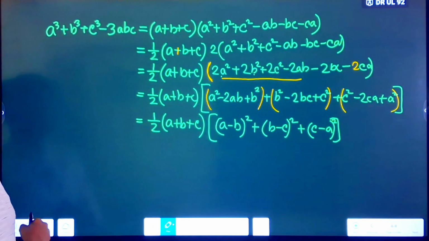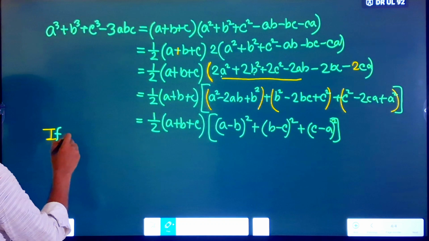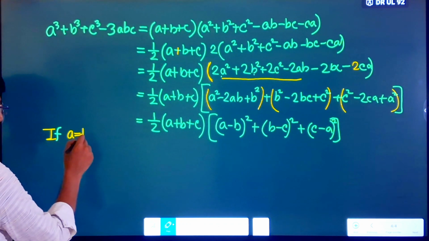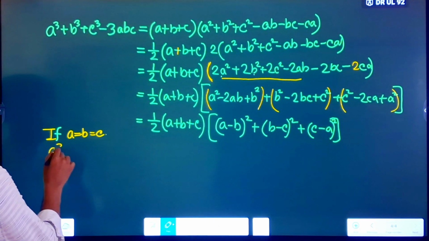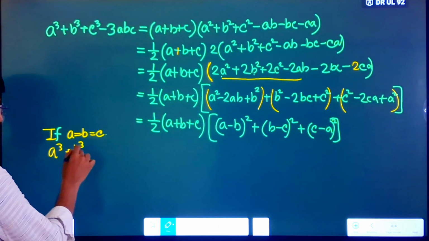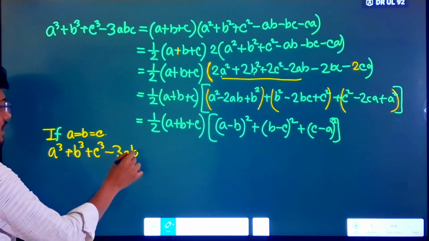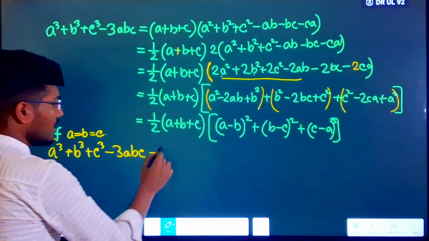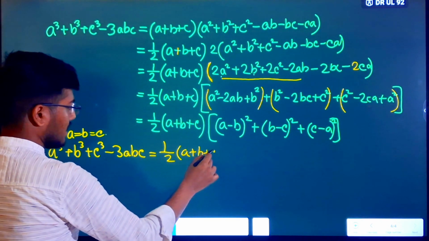If in this question it is said that a equals b equals c, what happens? If you put it in the next line, a cube plus b cube plus c cube minus 3abc is equal to how much? Half multiplied by a plus b plus c.